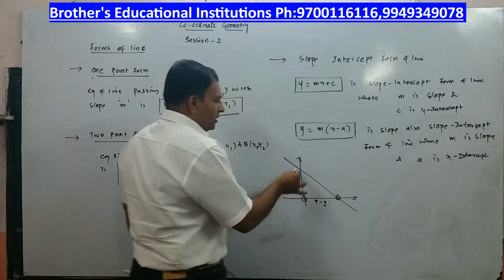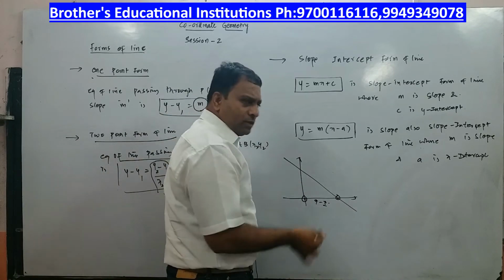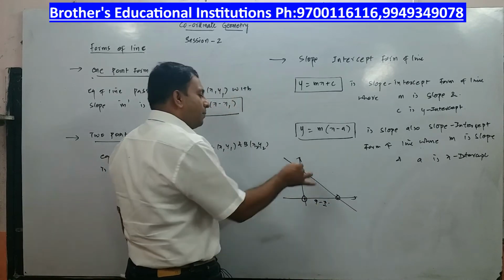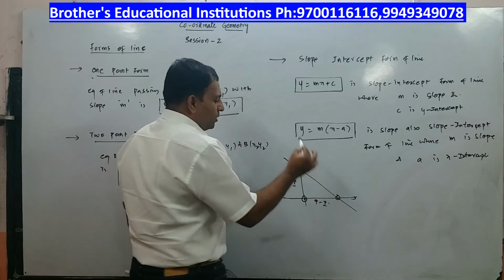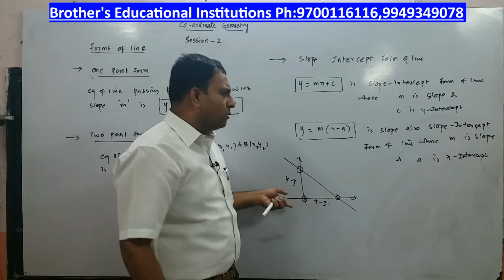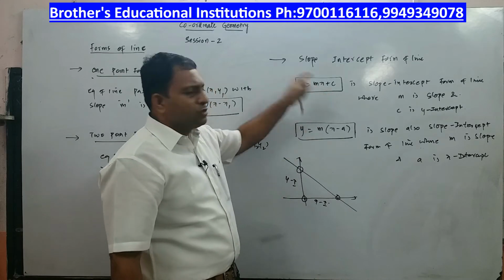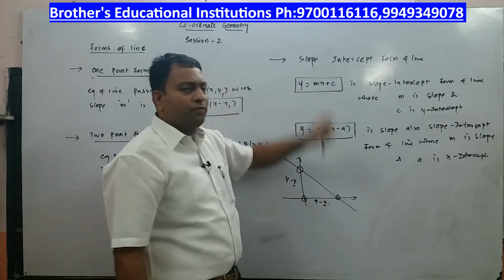Vice versa, the distance between the origin and the point where the line cuts the y-axis is called y-intercept. So did you understand? This is x-intercept and y-intercept.